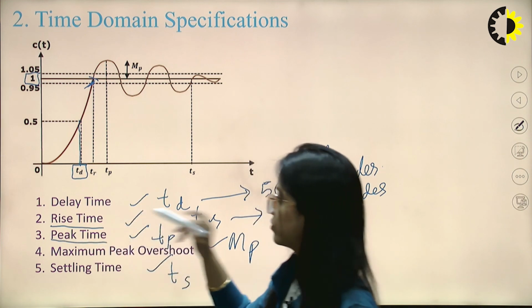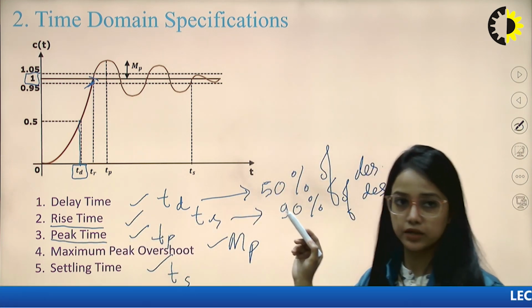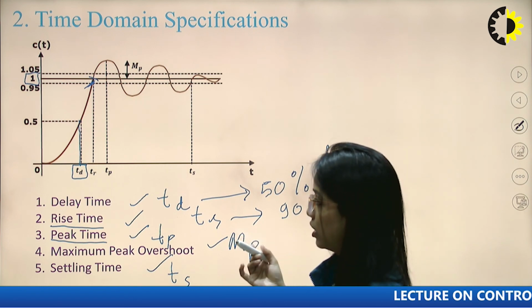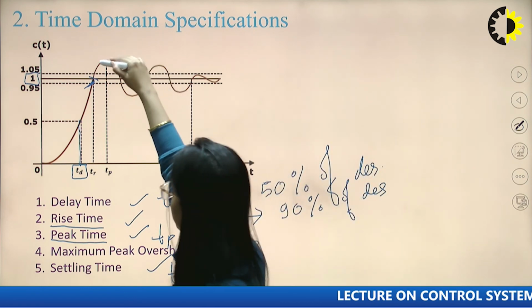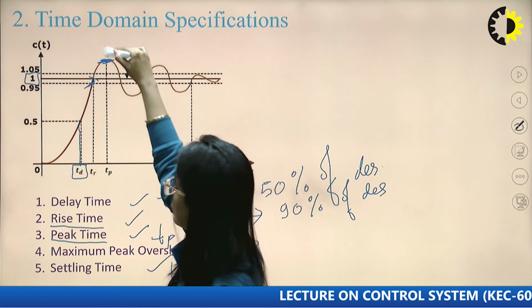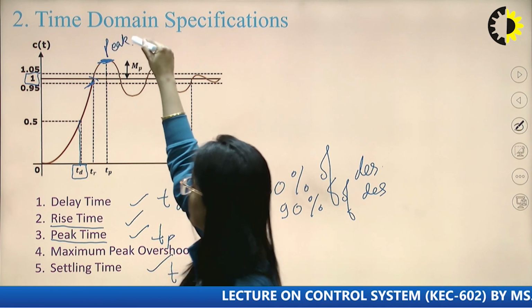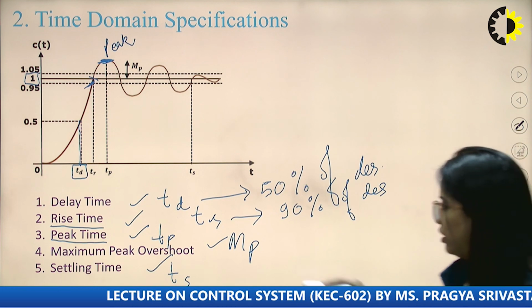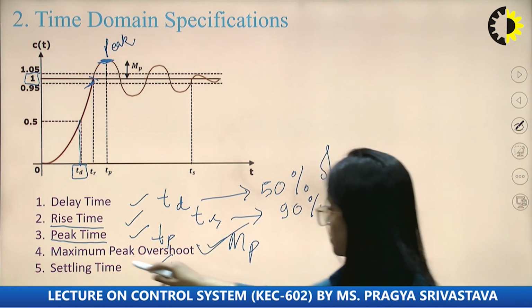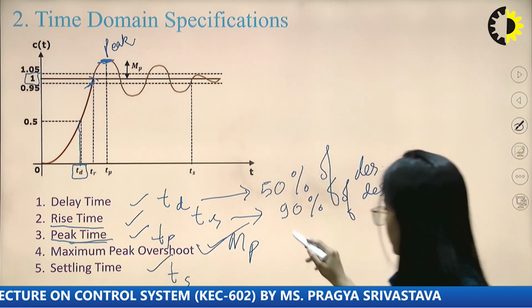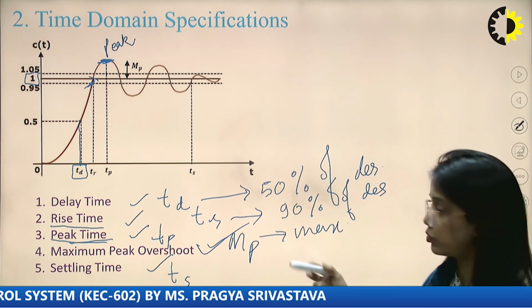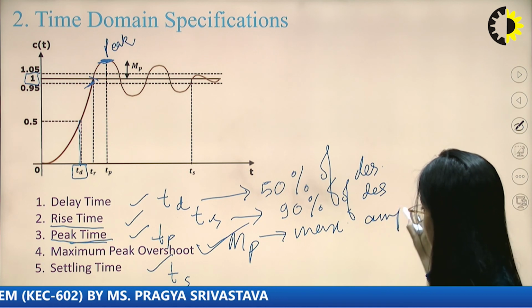Peak time. In the complete output, what was the time required to reach the maximum possible value? So it is the peak, the time corresponding to maximum amplitude.